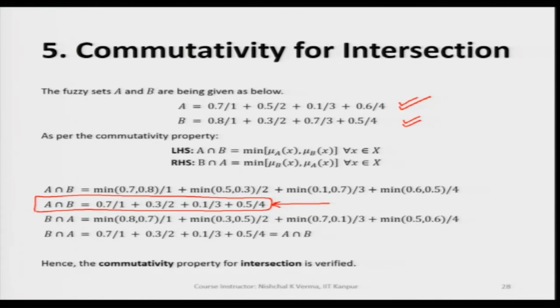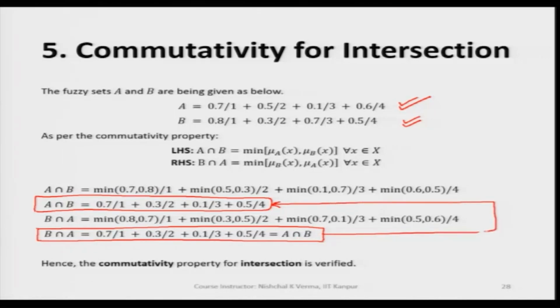Now, let us see what we get when we take B intersection A. We see that we get the same outcome, all the elements remain the same, and hence we can always say that A intersection B is equal to B intersection A for discrete fuzzy sets also.